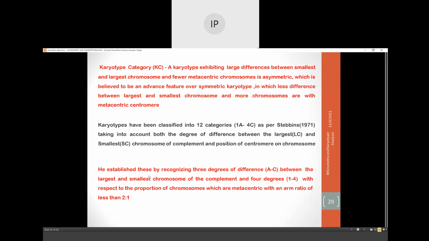He established these by recognizing 3 degrees of difference, A to C, between the largest and smallest chromosome of the complement, and 4 degrees, 1 to 4, with respect to the proportion of chromosomes which are metacentric, with an arm ratio of less than 2:1.